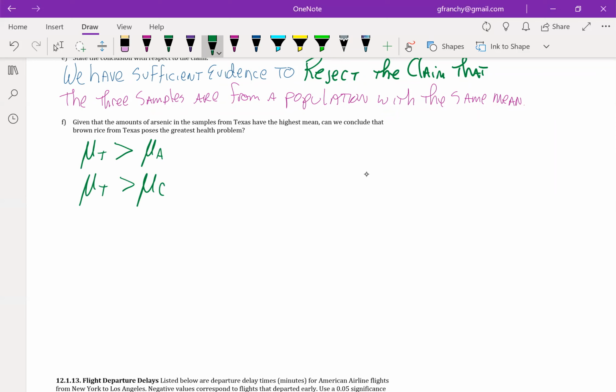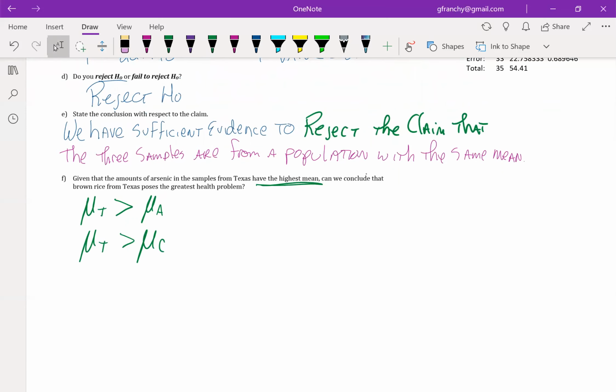So we can say population-wise, our rice from Texas has a higher mean amount of arsenic than the other two. We can conclude that, but we can't conclude that it had the highest mean just because we rejected it alone. We had to do that little bit of extra work to confirm that statement.